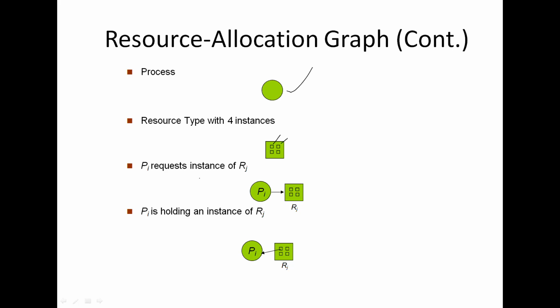This is called a request: Pi is requesting Rj. This resource type has 4 instances, and this one is an assignment edge. So this particular instance is allocated to Pi. One instance of Rj is allocated to the process Pi, meaning Pi is holding an instance of Rj.